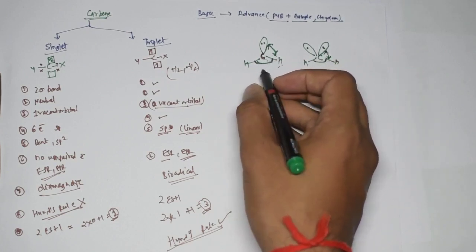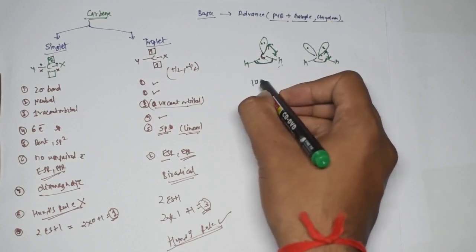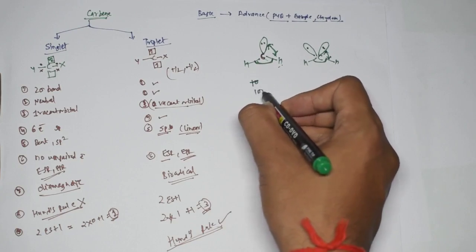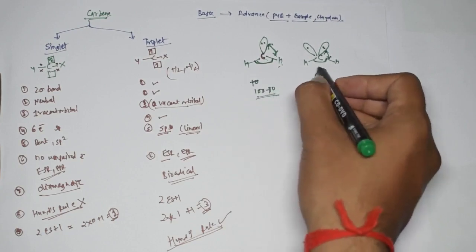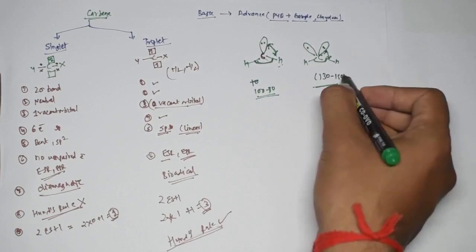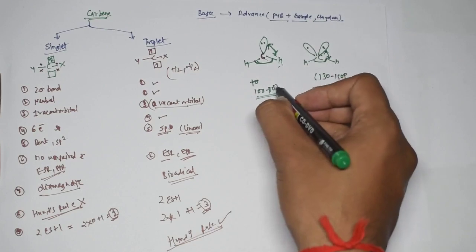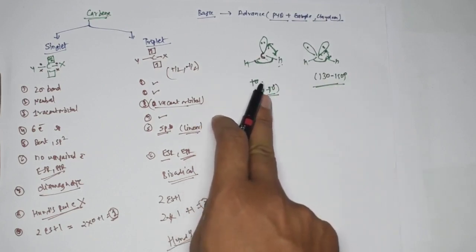If the repulsion is higher, in this case the bond angle will be in the range of 100 to 110. But if I talk about this one, it will have a bond angle of 130 to 150 degrees. Got it? The reason is why we have this 100 to 110 here.